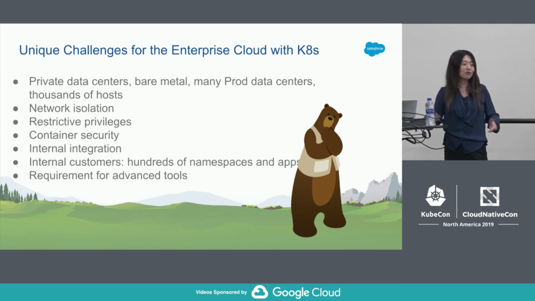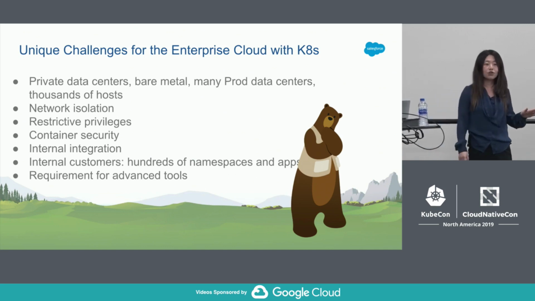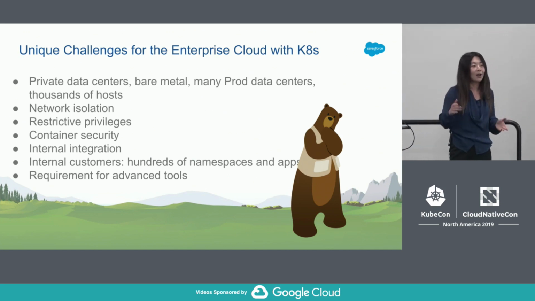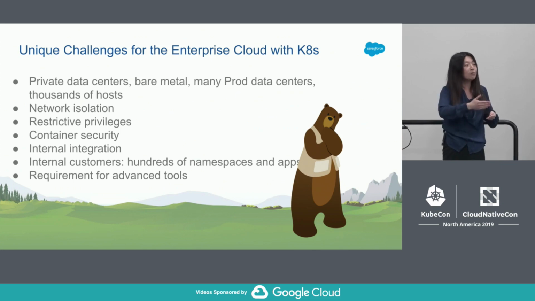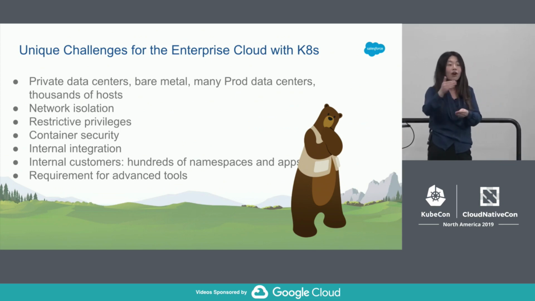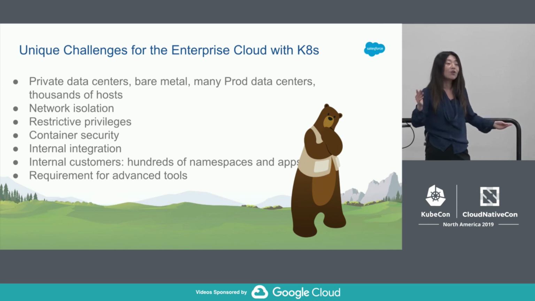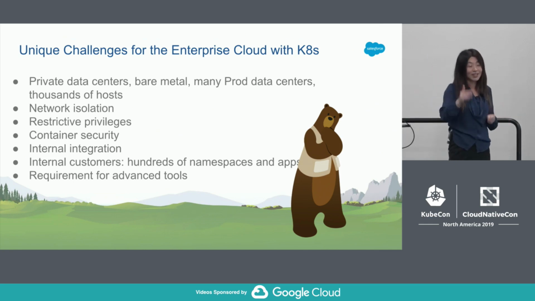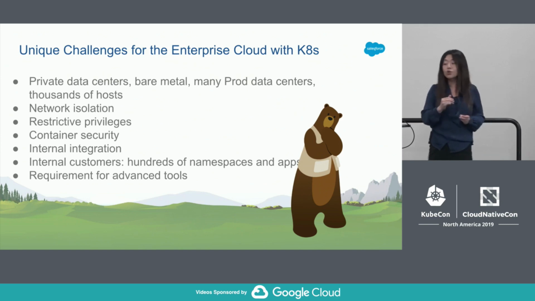Developers can't just log into a production data center anytime. And even those who have the privilege to look at these resources can't just log into multiple production data centers at the same time. This makes our Kubernetes management system extremely challenging.